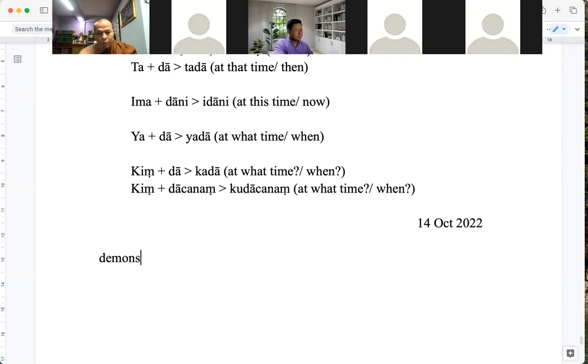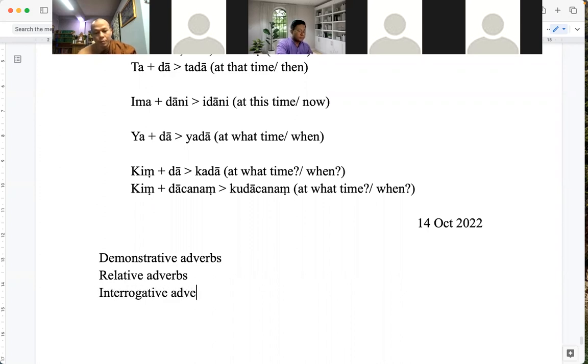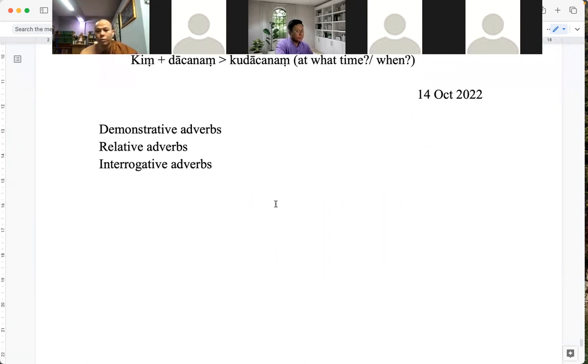Those are demonstrative adverbs, relative adverbs, and interrogative adverbs. Okay, so now how they are used, today we will learn.